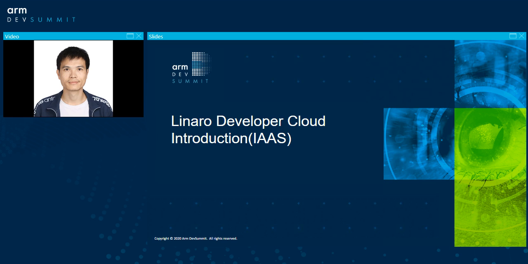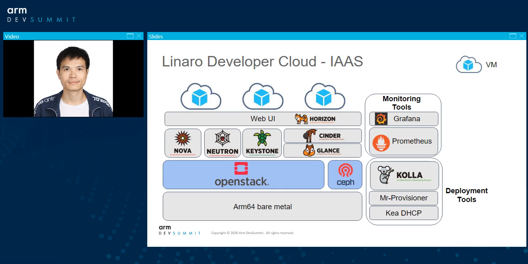Let's come to the first part. The first part is our Linaro Developer Cloud and infrastructure service introduction. This is our infrastructure service solution overview structure. As you can see, we use OpenStack to build the infra.